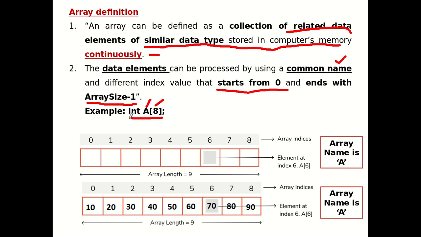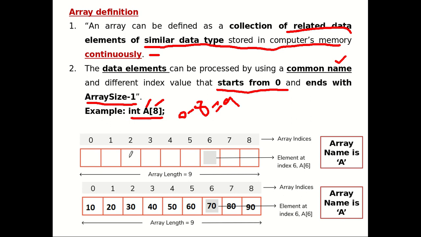This means that a is an array variable of type integer with maximum size 8 here. Means from 0 to 8, nothing but 9 elements, 9 memory locations are consecutively allocated.